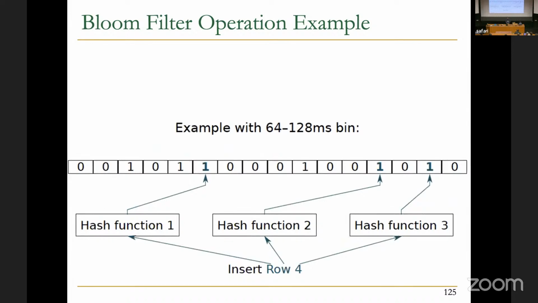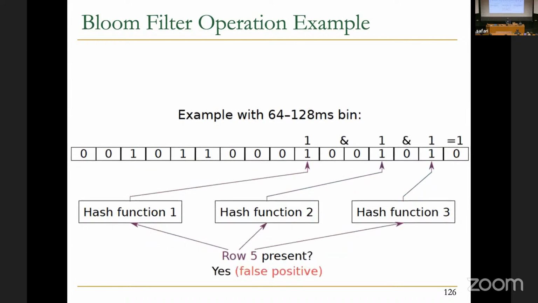So you can insert another row, and it will set a different set of bits. And it can happen that you test a row 5 here, and these hash functions generate pointers that all map to locations where logic 1 is stored.